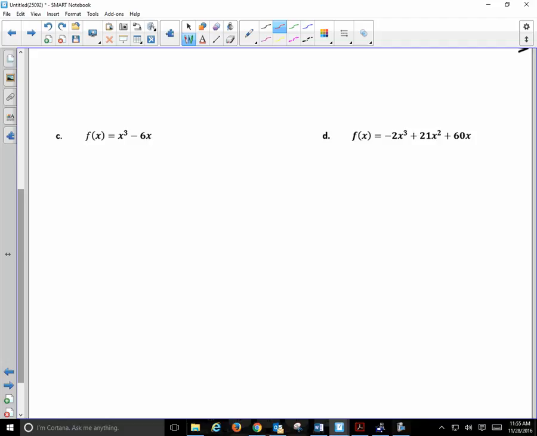We'll start by listing off f prime of x. What's f prime of x? Does that factor? So we get -6 times x squared minus 7x minus 10. Does that factor?